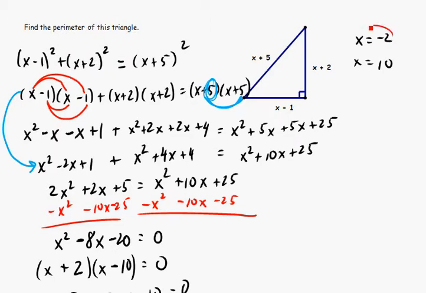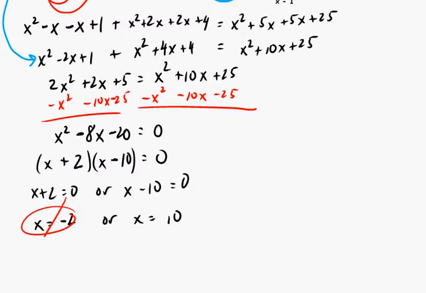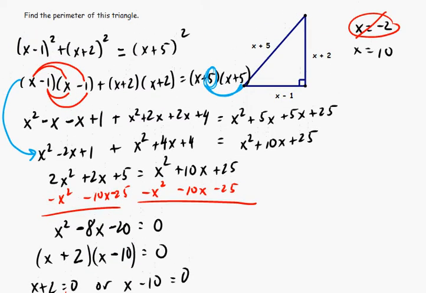So, in fact, x equals negative 2 is not really a solution to this problem. Even though x equals negative 2 would make this equation true, it wouldn't make this diagram make any sense. So our x has to equal 10.